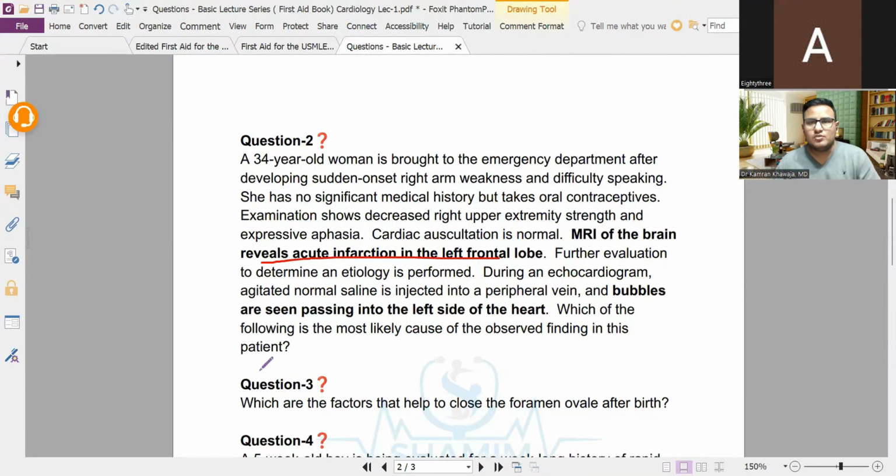So I highlight the most important points: sudden onset weakness, difficulty speaking, and MRI shows infarction. But when we do echocardiography and inject saline, bubbles are seen passing into the left side of the heart. So can you please tell me what this is?